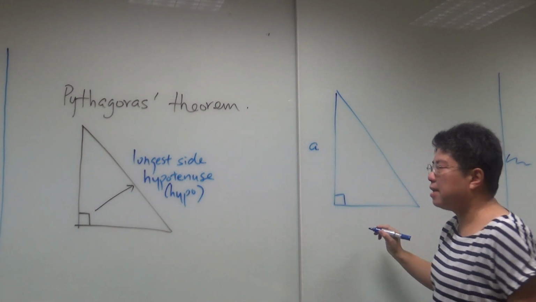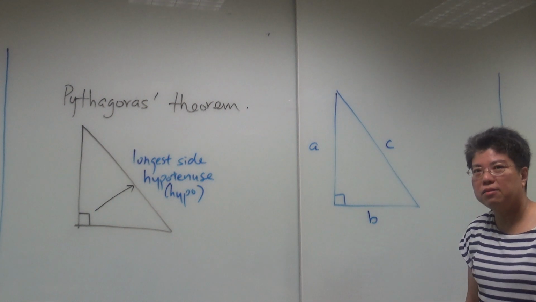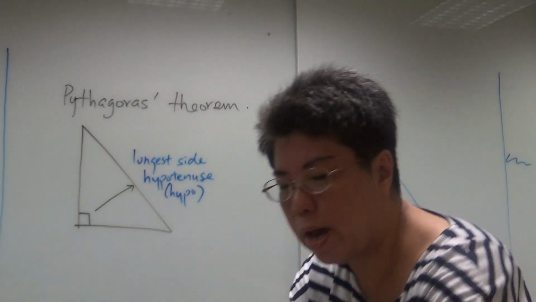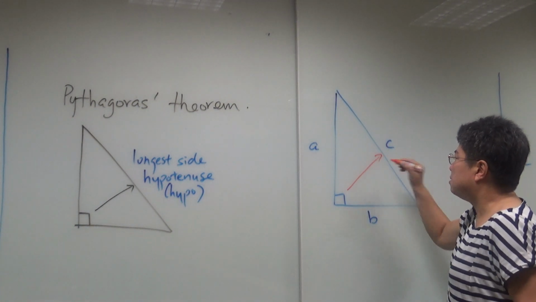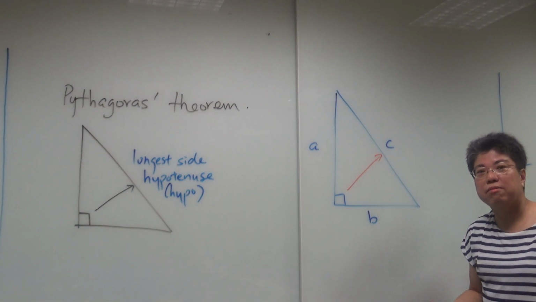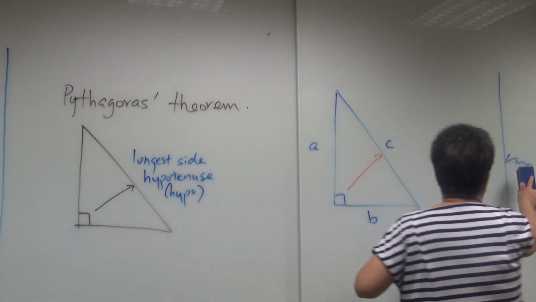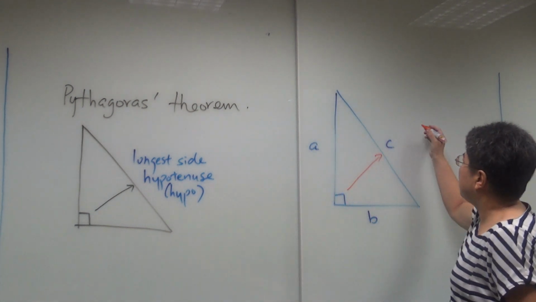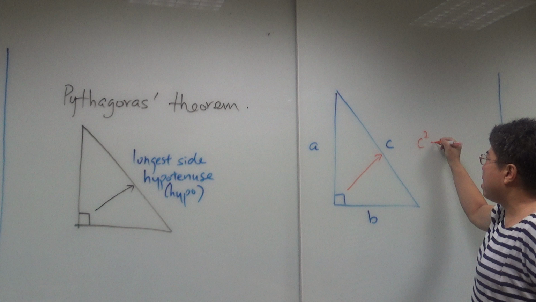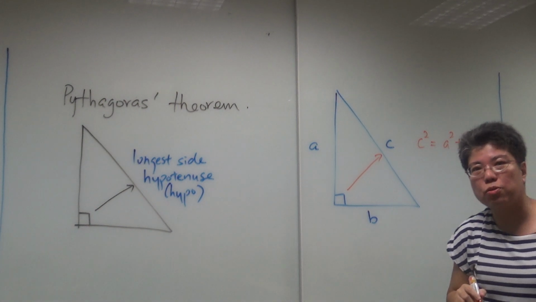I call this side of length A, of length B, and of length C. We are able to see that the longest side is the length C. So what does Pythagoras Theorem state? It says C squared is equal to A squared plus B squared.